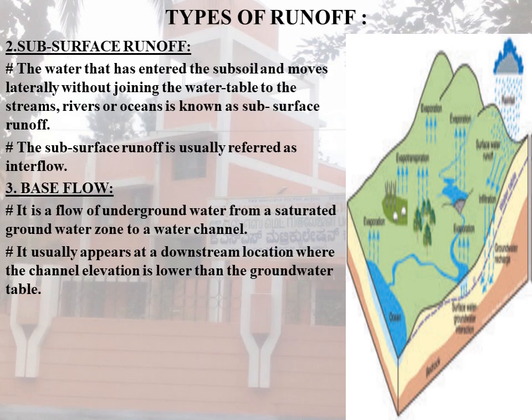Runoff will be calculated in inches, millimeters and centimeters. Runoff rate will be calculated in cubic feet per second. Runoff volume will be calculated in acre feet or cubic feet. Storage will be calculated in cubic feet or acre feet.